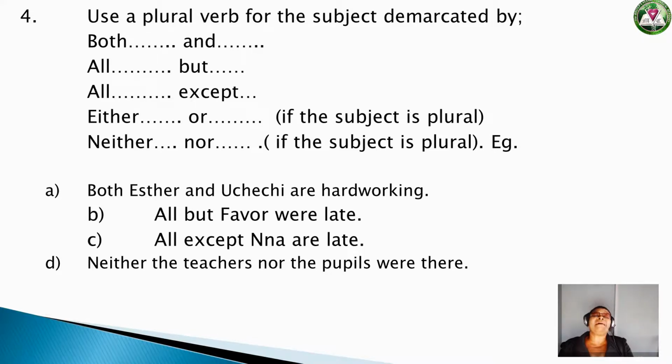Now remember, in rule 1, I told us that either or is used with a singular verb. Neither nor is used with a singular verb. But in this case, if the subject is plural, use a plural verb for the subject demarcated by either or, neither nor. Use a plural subject.